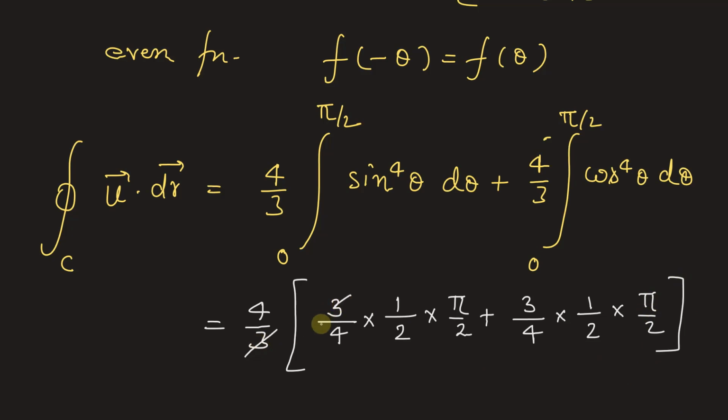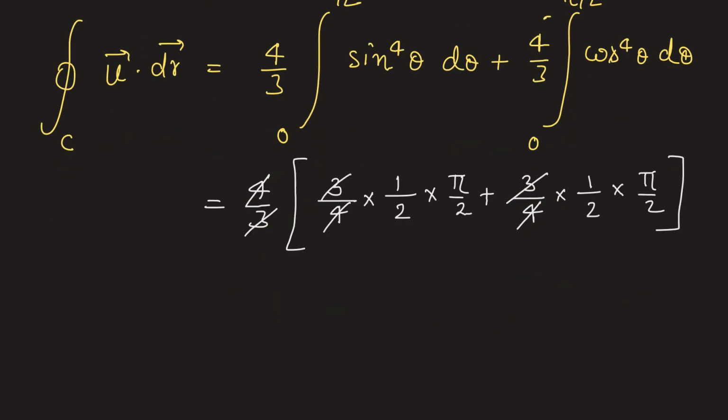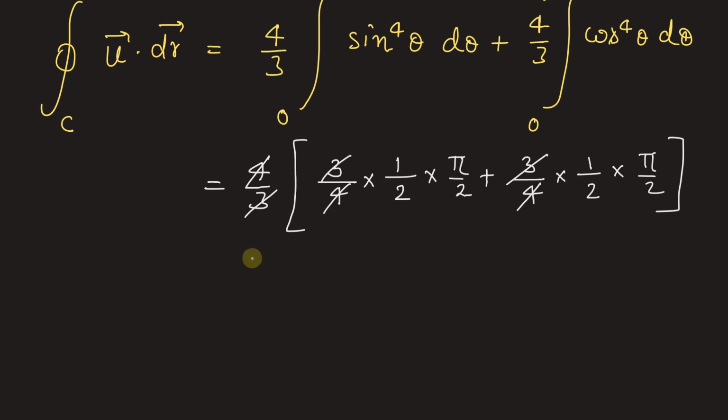We can cancel out 3 and 4, because 4 by 3 is outside and 3 by 4 is multiplied in both terms. So pi by 4 plus pi by 4 gives you pi by 2.